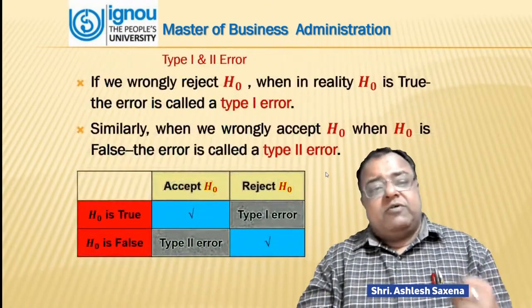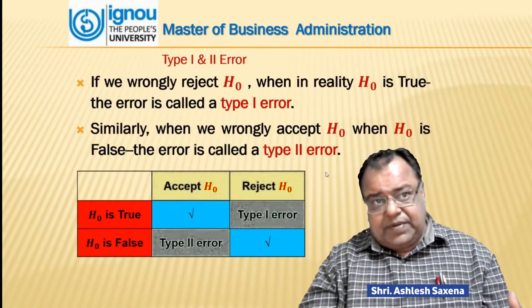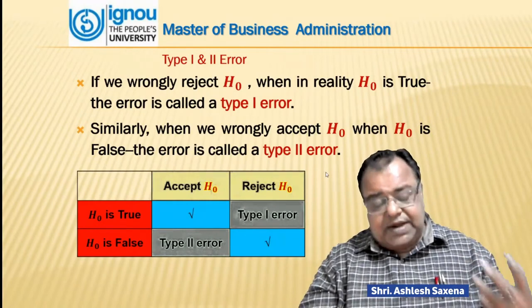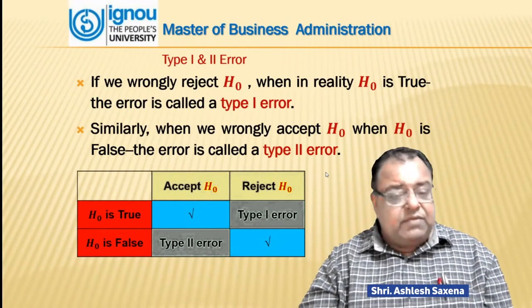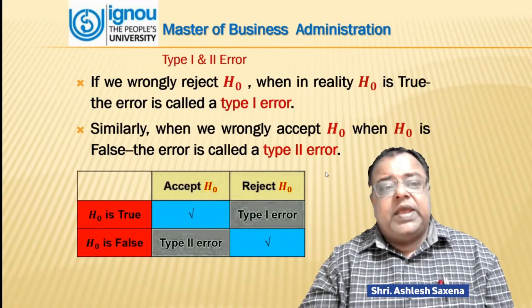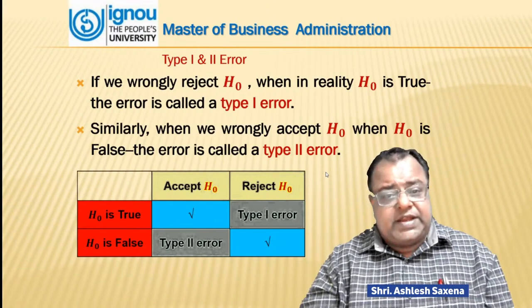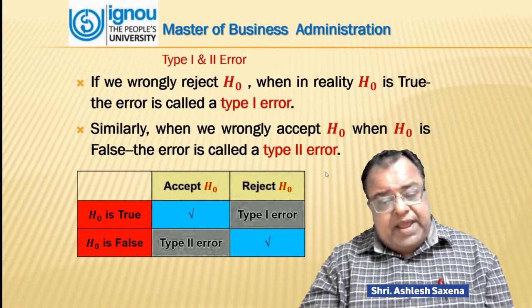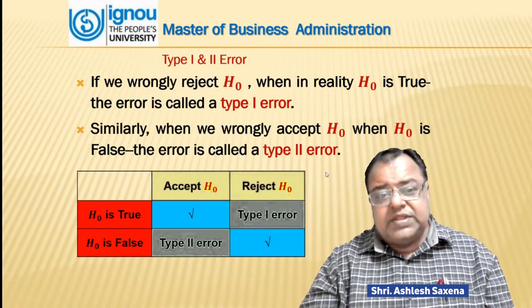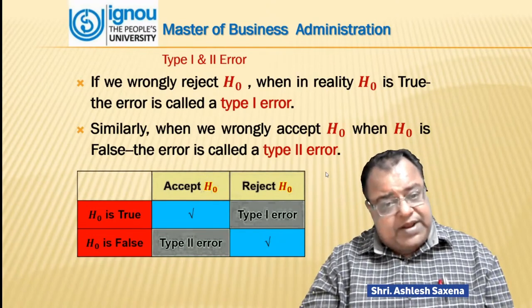There are two types of error when we are studying hypotheses, that is type 1 error and type 2 error. If we wrongly reject H0 when in reality H0 is true, this error is called type 1 error.